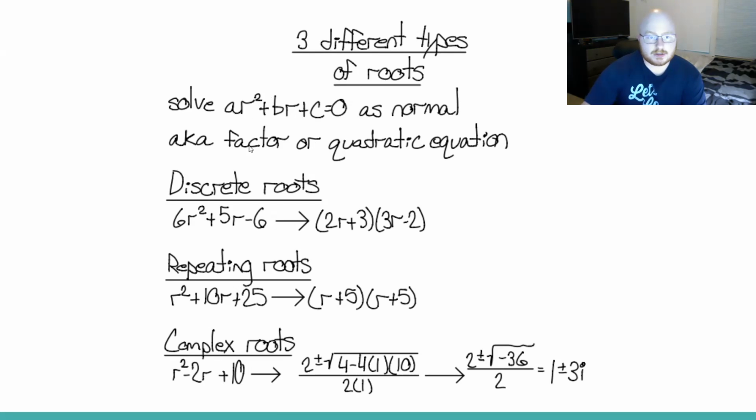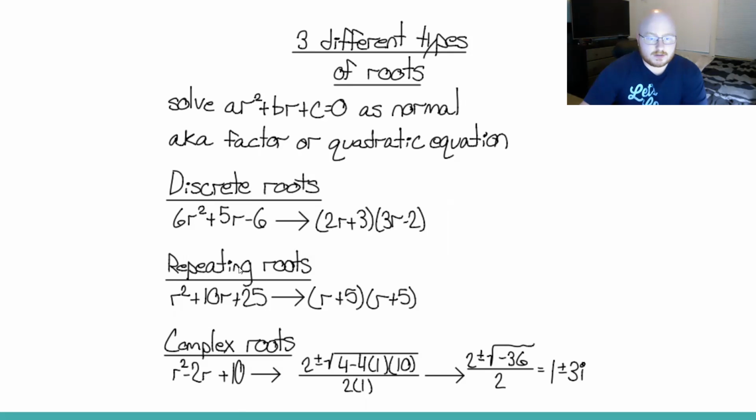You solve it just like any normal quadratic equation, by either factoring or using the quadratic formula. The three possible roots are discrete roots. This is what we learned in, I don't even know, sixth grade maybe. You just factor it out, and r is equal to -3/2, and r is also equal to 2/3.